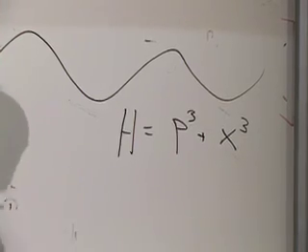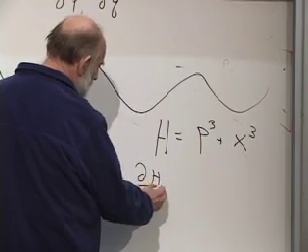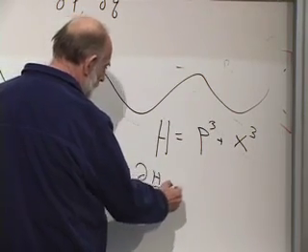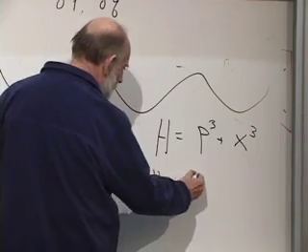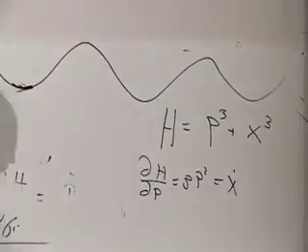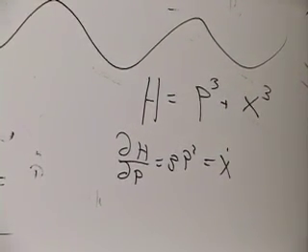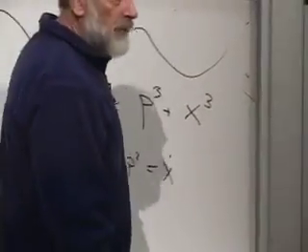Now, what are the equations? The derivative of H with respect to p is equal to x dot, and that's 3p squared equal to x dot. Well, that does not say that p is a constant multiple of x dot. So the answer is no, not in general.